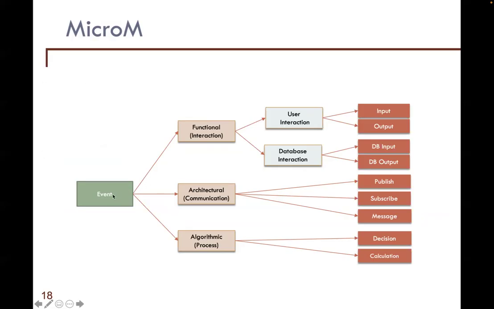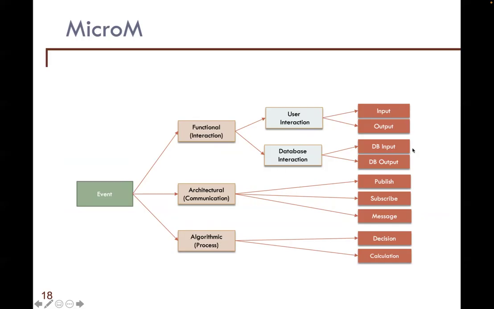So we analyze the system, and then we identify the events in the system. We categorize the events as functional, architectural, and algorithmic events, where functional events can be user interaction or database interaction. User interaction can be input, output.